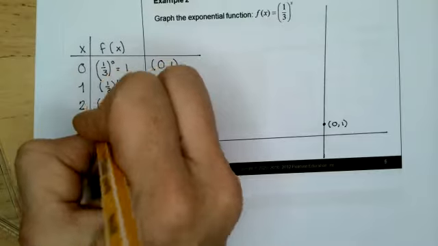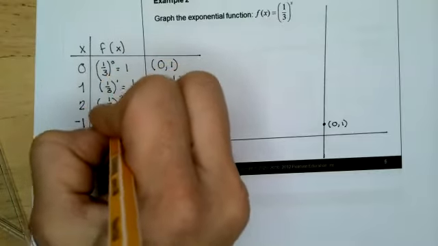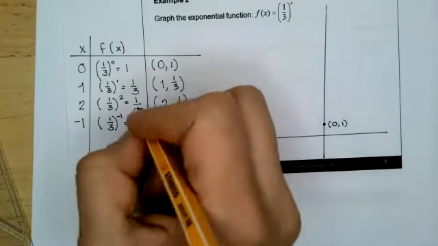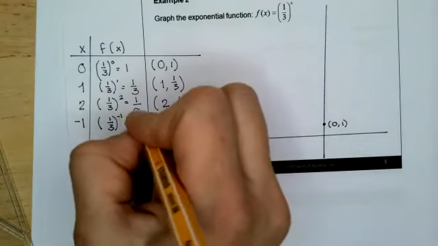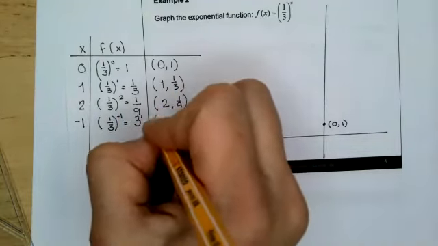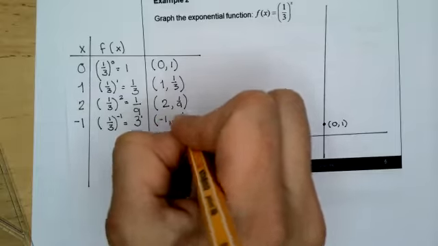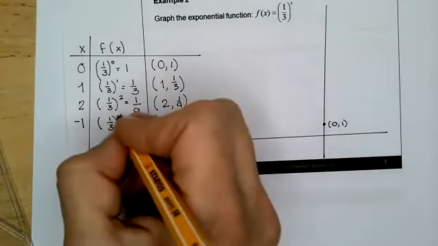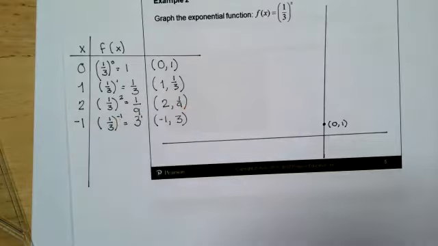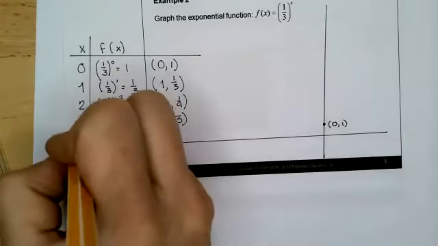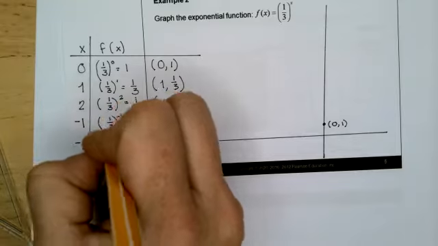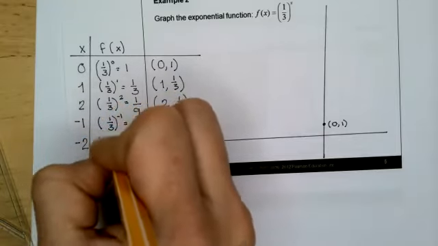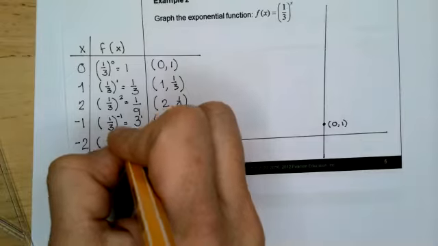If we do -1, 1/3 to the power of -1 means I take that 3 to the power of -1 and move it up here, and it's 3 to the power of +1, which is just 3. So 1/3 to the power of -1 becomes 3, no fraction.